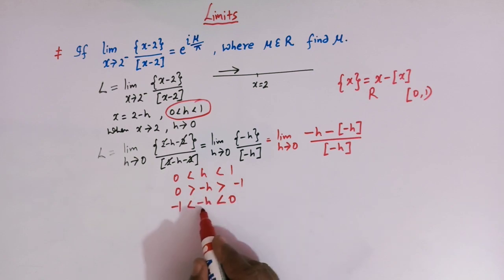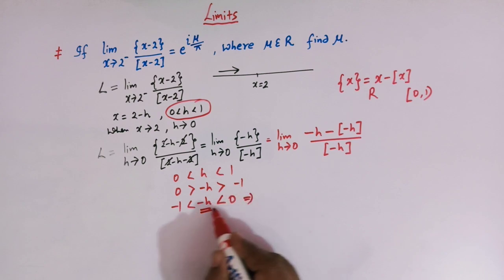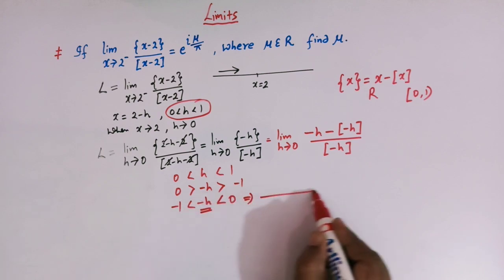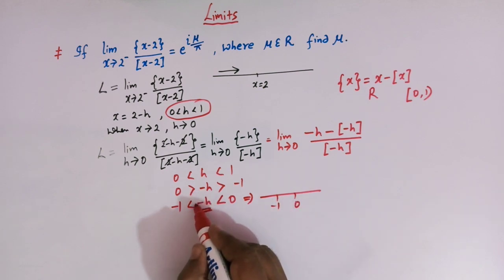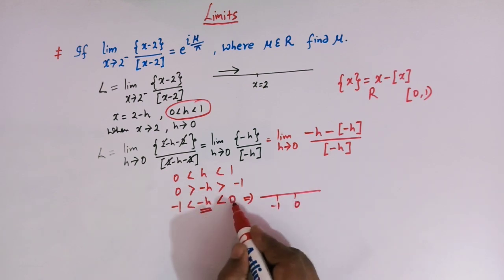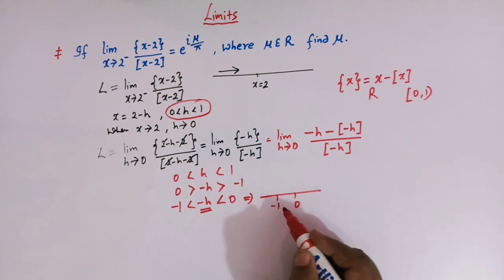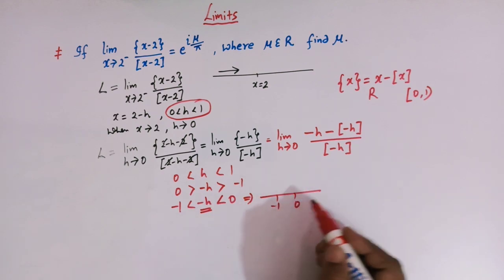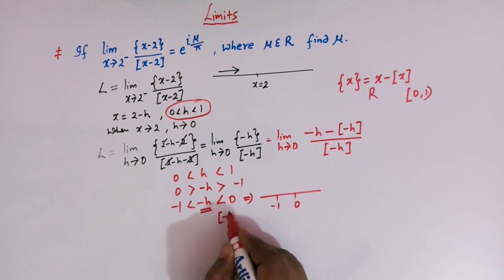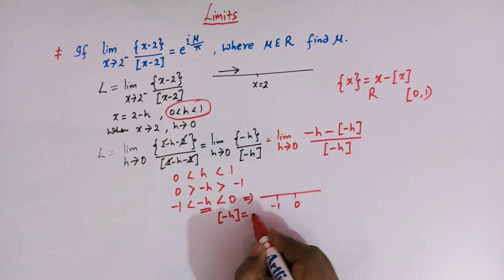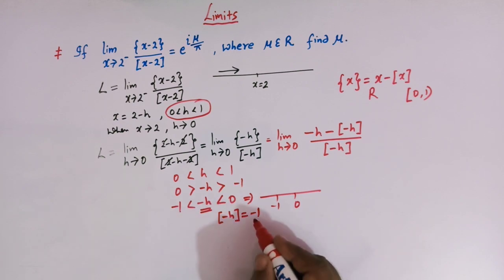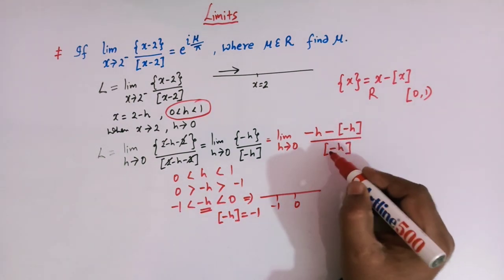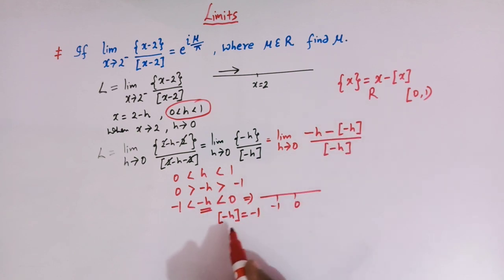So now from this inequality we see that minus h lies between minus 1 and 0. So from the definition of greatest integer function, the value of greatest integer of minus h is equal to minus 1, right? So now we can substitute greatest integer of minus h as minus 1.